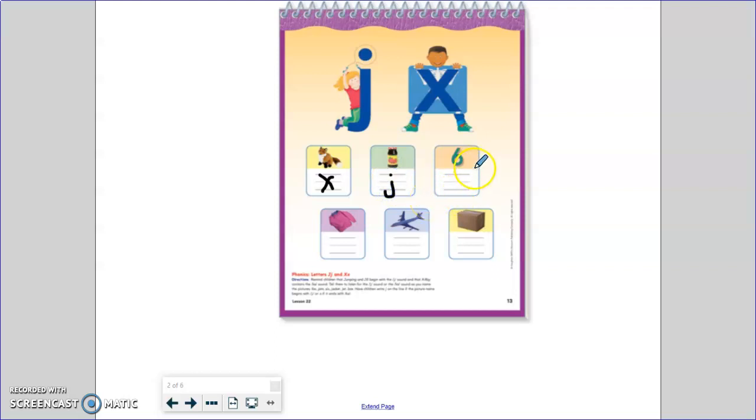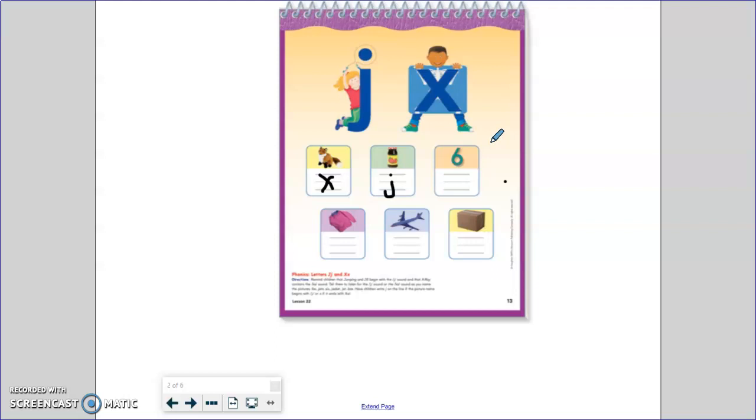Okay, now we have a number. We all know what that number is. Let's see, what number is that? That's the number 6. Let's listen to the word 6. Do you hear the J sound in the word 6?